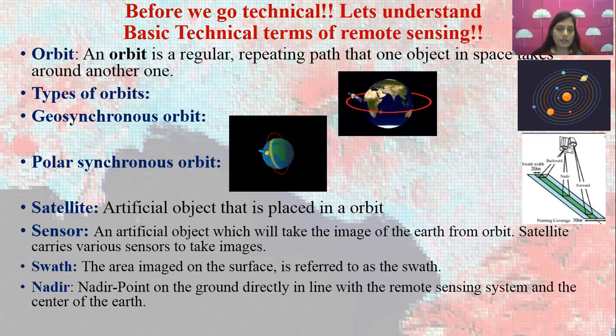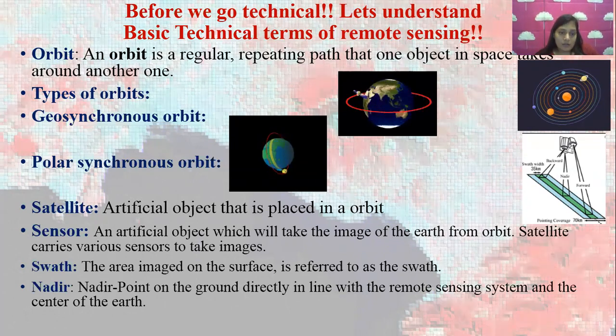Geosynchronous orbit means the sensor will travel in a horizontal direction throughout the earth's surface. Here I have shown you the figure: all the data along the latitude will be captured by the sensor. That is known as geosynchronous orbit, right?